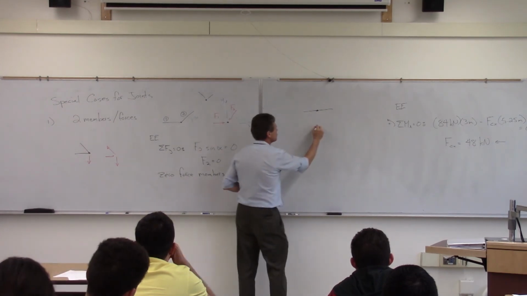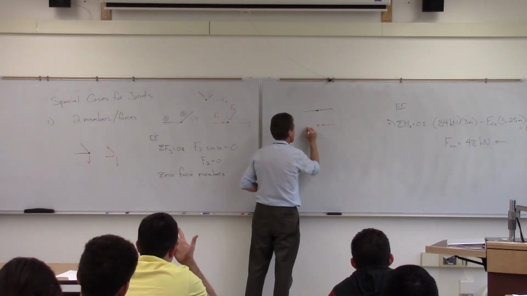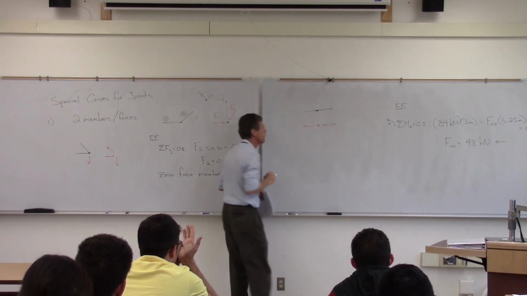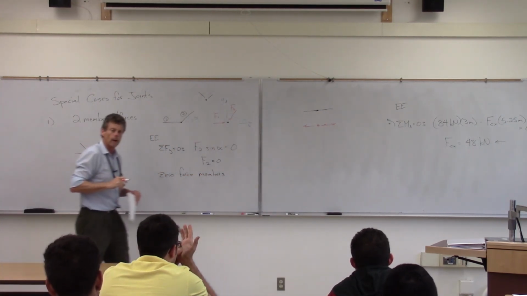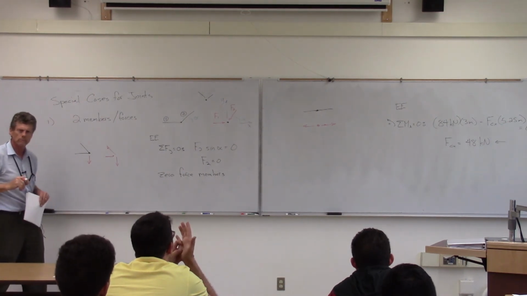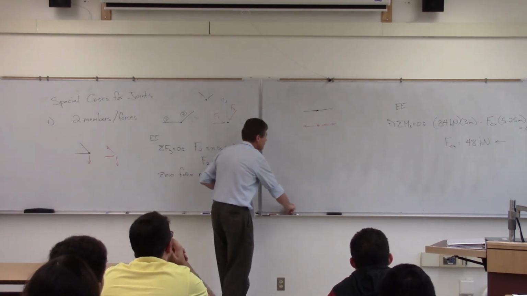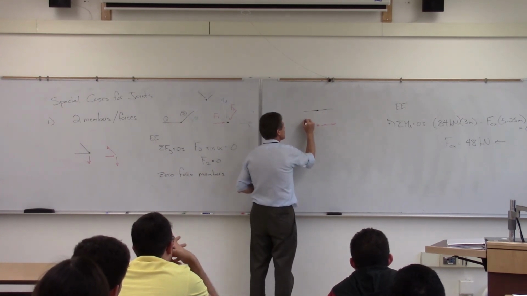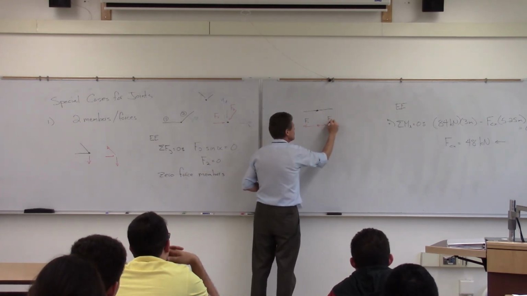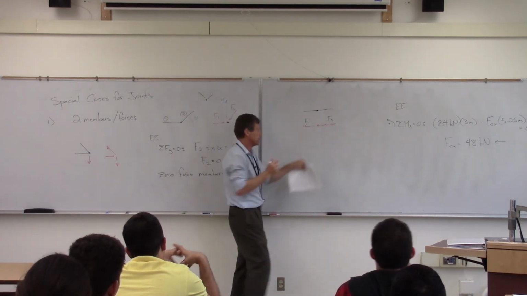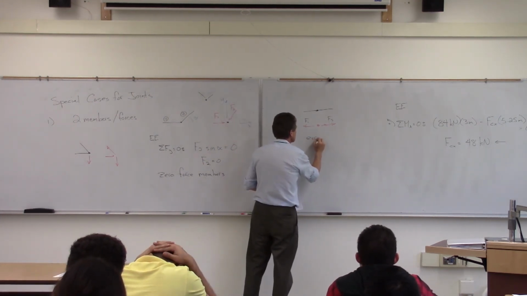Again, think about this in terms of, well, actually, it would never be in compression. Are those 0 force members? No. See, that's F1, that's F2, but it's a 2 force member. So basically, whatever F1 is, F2's got to be. So there is the one exception.